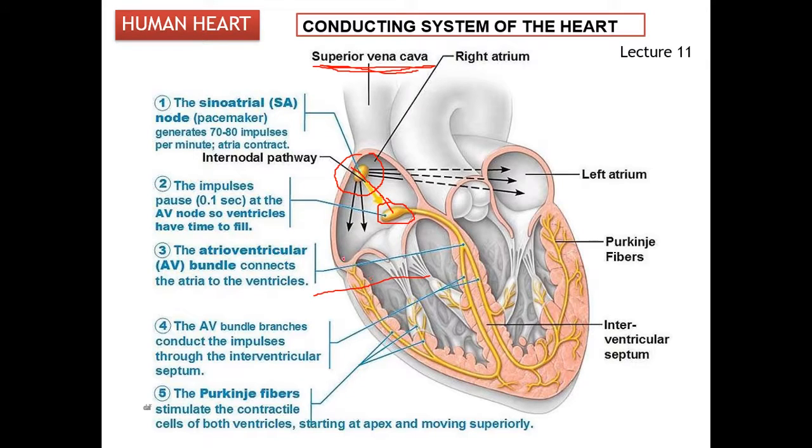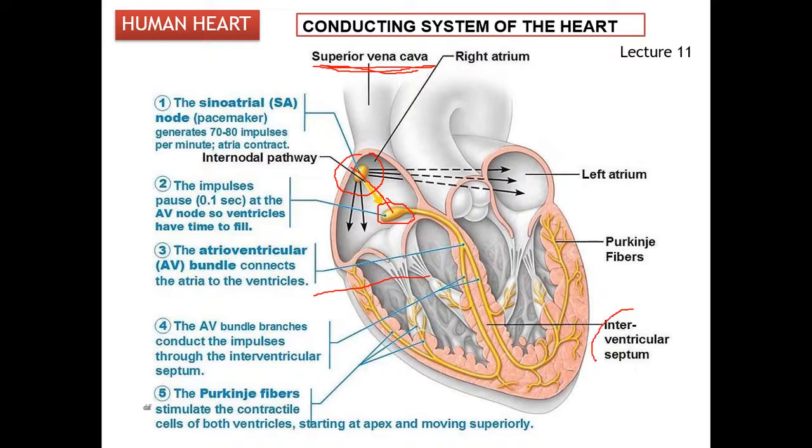Then the atrioventricular bundle connects the atria to the ventricles. The AV bundle branches conduct the impulse through the interventricular septum.